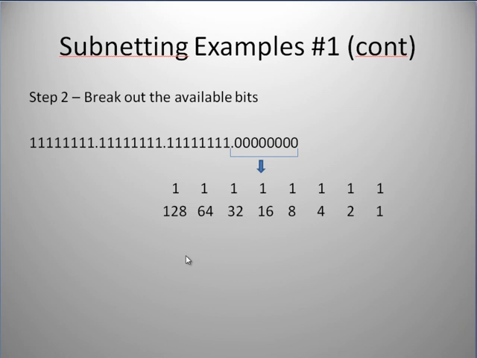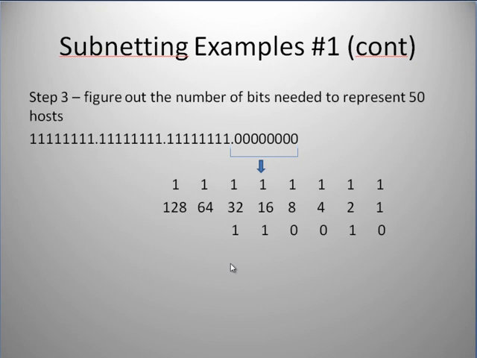Now, what we're going to want to do here is, because I'm looking for specifically 50 hosts per network, look at the decimal representation of these bits, the 128 down to the 1, and figure out what equals 50. What can I mark off here? What can I add up to give me the number that I'm looking for, which in this case is 50? If I add the 32, the 16, and the 2, that gives me 50 specifically. 32 plus 16 plus 2 equals 50, the number of hosts that I'm actually looking to find on this network.